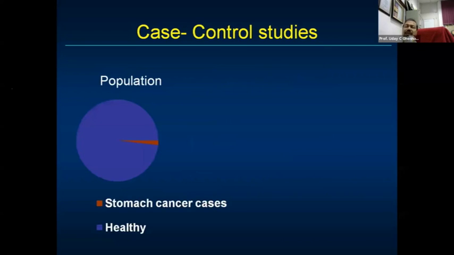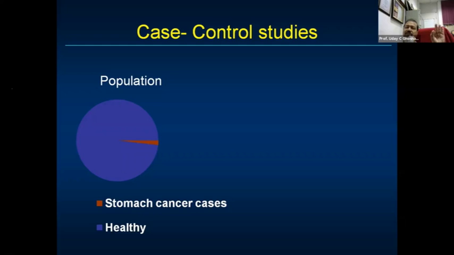Now, when you do a case control study, let us take an example. Let us say I'm doing a study on Helicobacter pylori frequency among stomach cancer patients. Let us say my hypothesis is Helicobacter pylori may cause or may be associated with stomach cancer. So my design is a case control design.